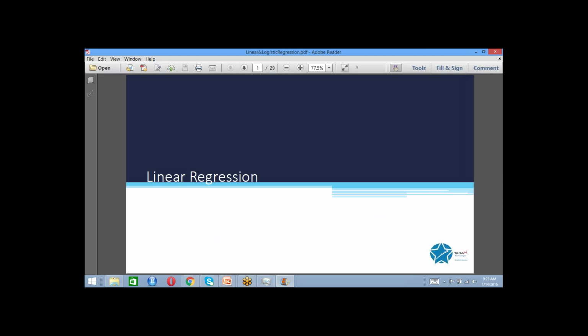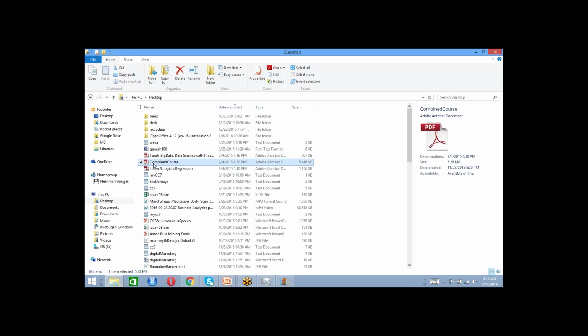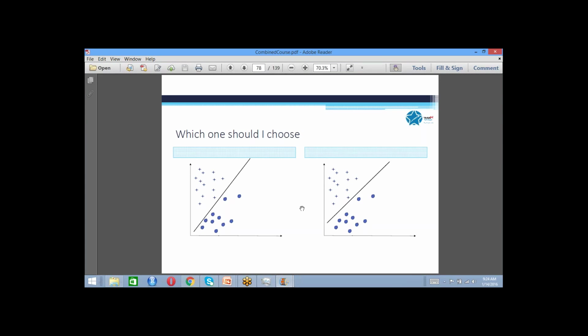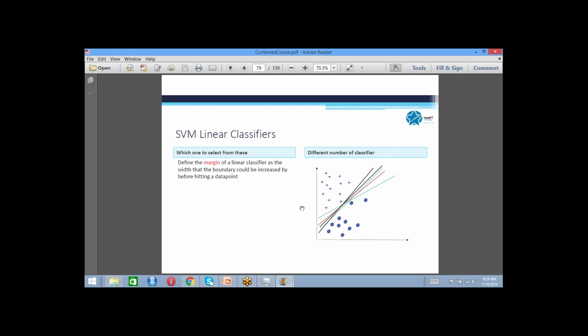You clearly saw that in this case we are talking about fitting a straight line which is useful for modeling the data set. You see that for a data set you can have any number of linear classifiers, multiple linear classifiers.